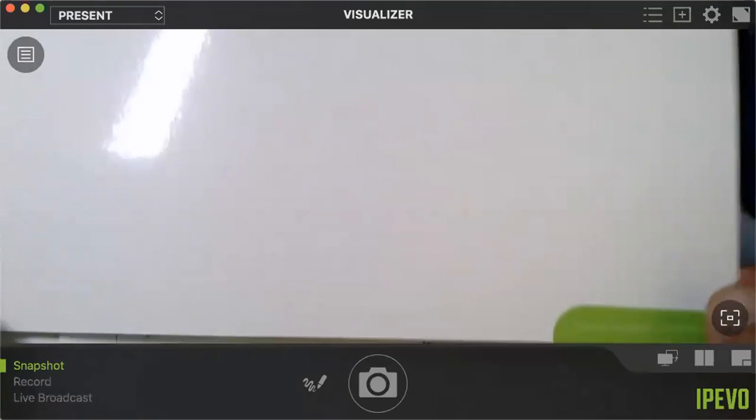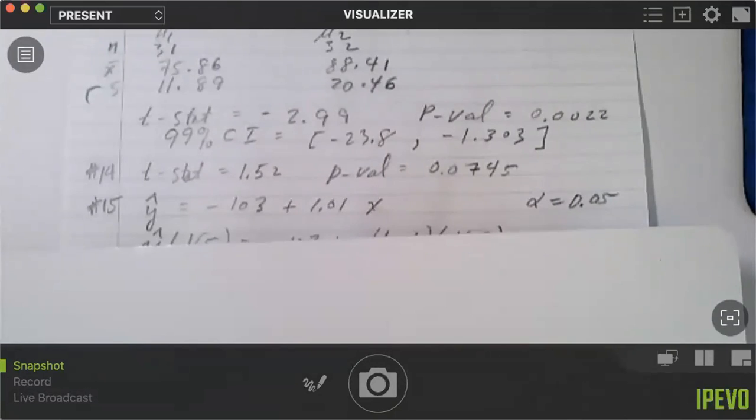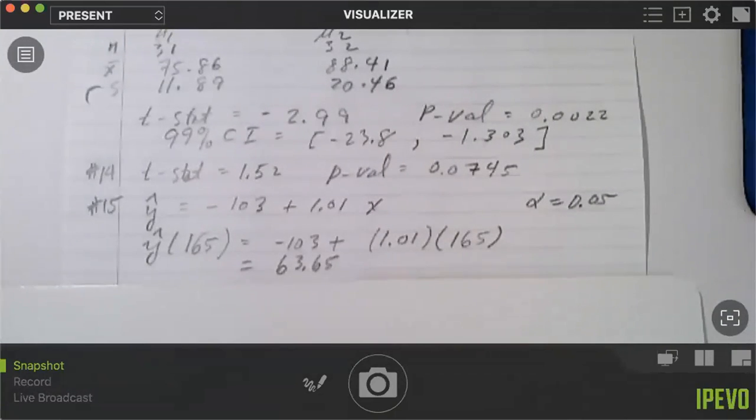In problem 15, here's our regression equation. All we have to do is find the value y hat for the predictor variable x equal to 165 centimeters. When we plug this into the calculator, we get a value of 63.65.